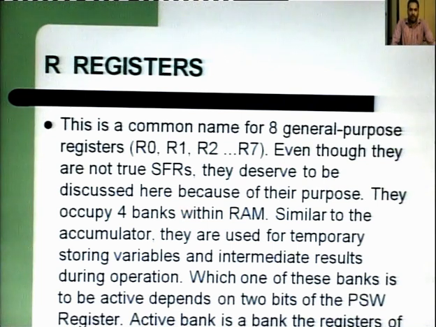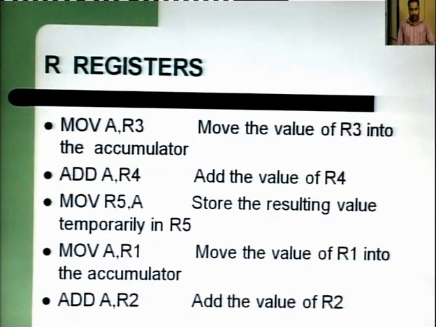These registers are organized in 4 banks, 8 registers per bank, so 32 in total. Similar to the accumulator, they are used for temporarily storing variables and intermediate results. Which block should be used depends upon the control bits of the program status word PSW register. So, the PSW register is used to select the bank.